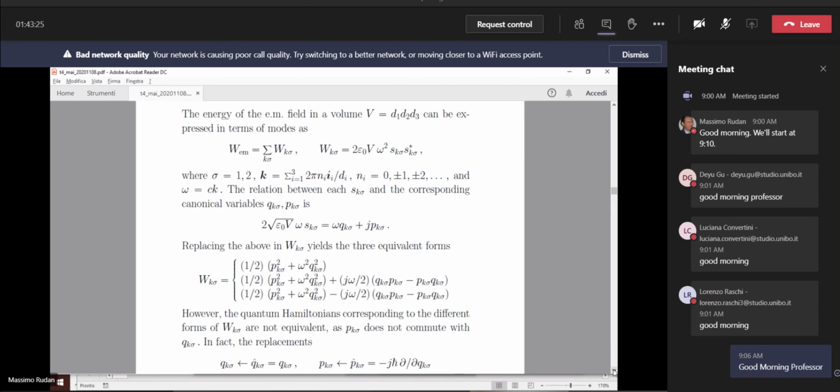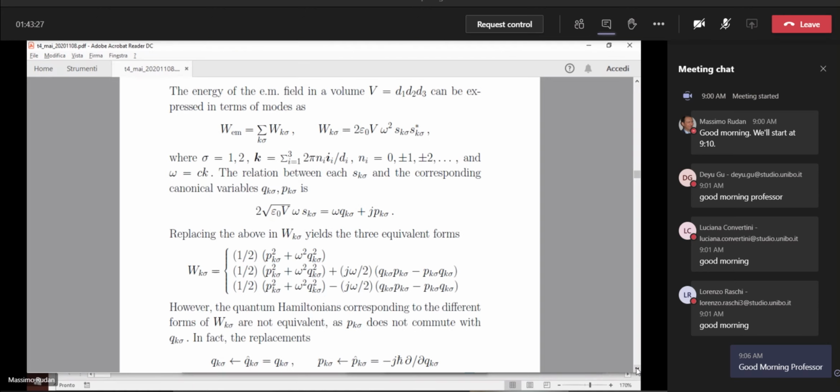So we call W_EM the total electromagnetic energy in the box. W_Kσ is the energy associated to the individual monochromatic component.